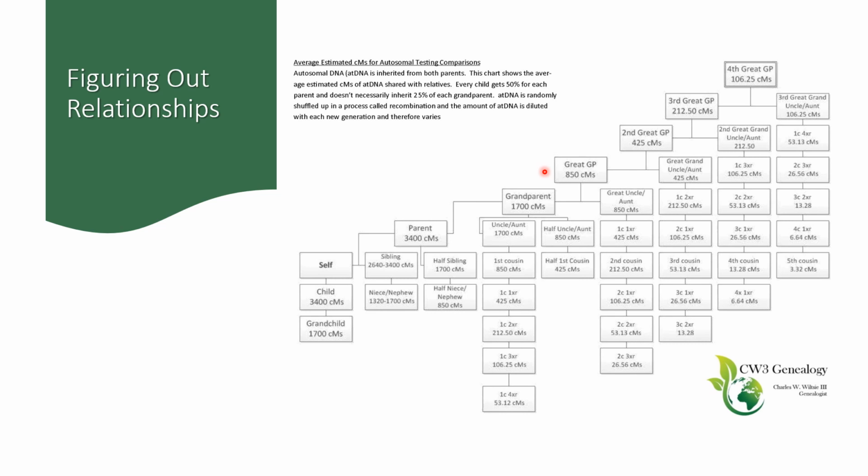So you'll notice that it gets cut in half the further you go back. And that's a pattern. But again, these things are random, so they can be slightly off. There's going to be people on the edge, and that's where your family research is going to matter once you get the DNA to figure out exactly who these people are in relation to you.